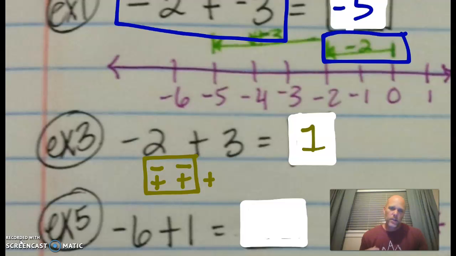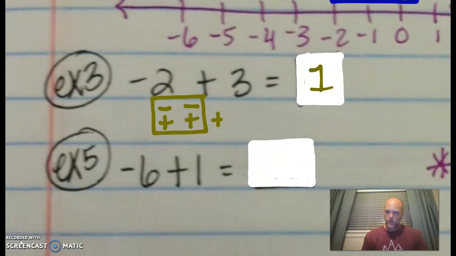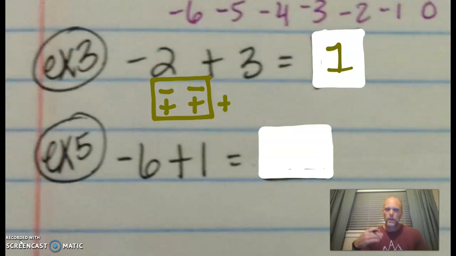Okay. Absolute value way to do this, which if you can understand absolute value, you will get it in a heartbeat. It will help you with adding and subtracting integers so much if you understand absolute value. So let's look at these.